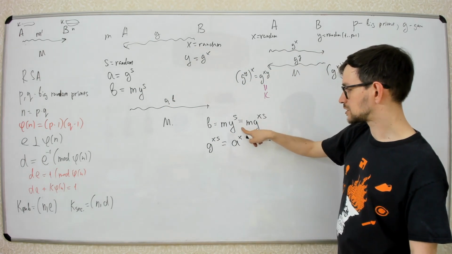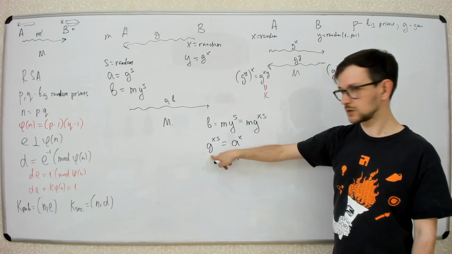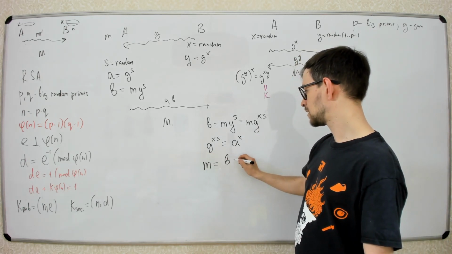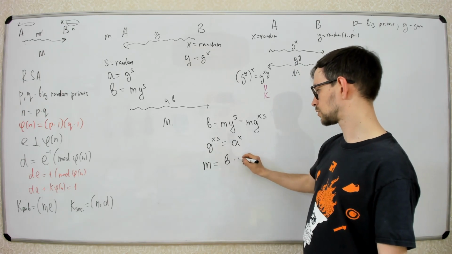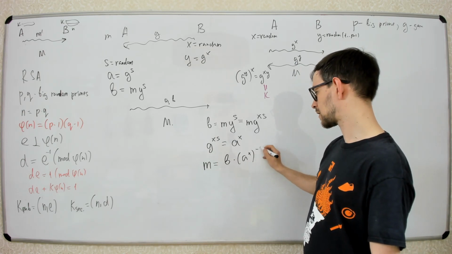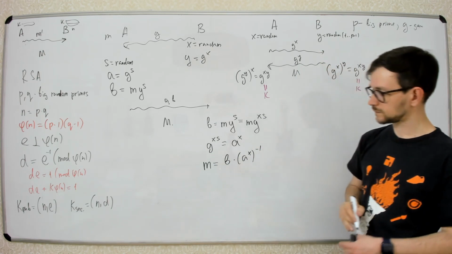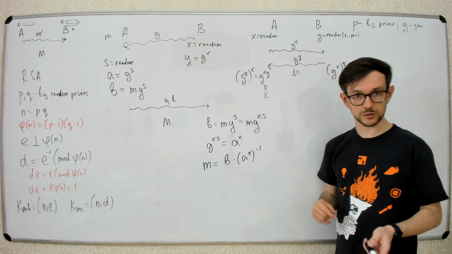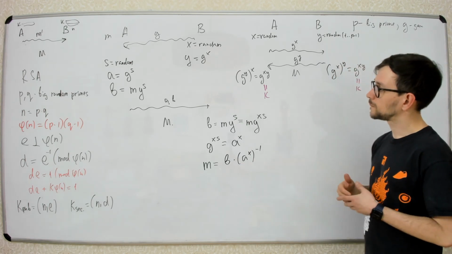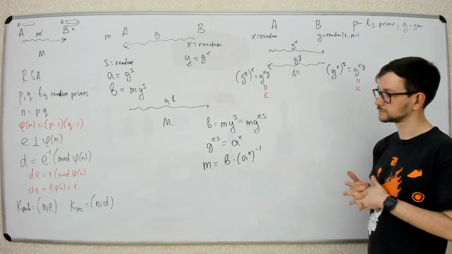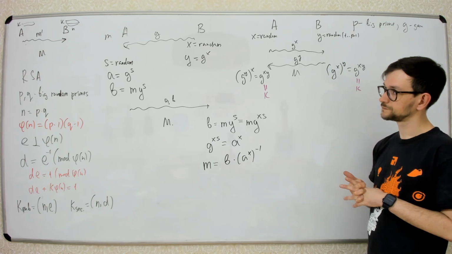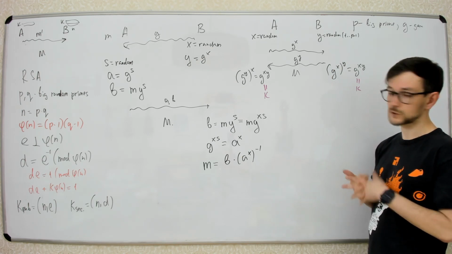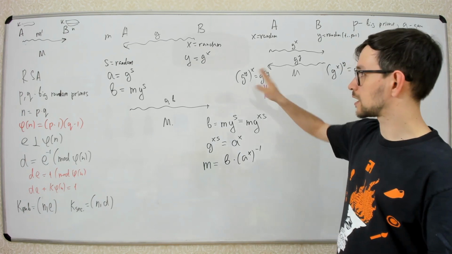And now I can just divide B by this number, so I get message M as B multiplied by A in power of X in power of minus 1. And I will receive the message. That's all. That's how the El Gamal scheme works.